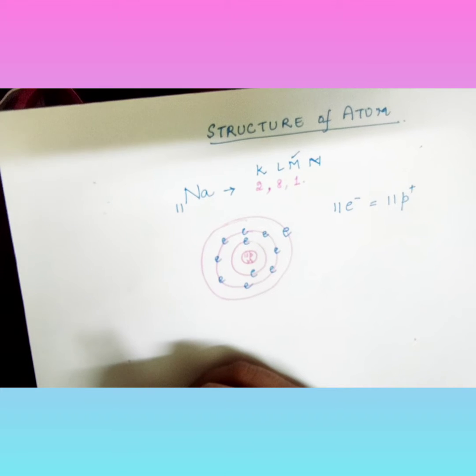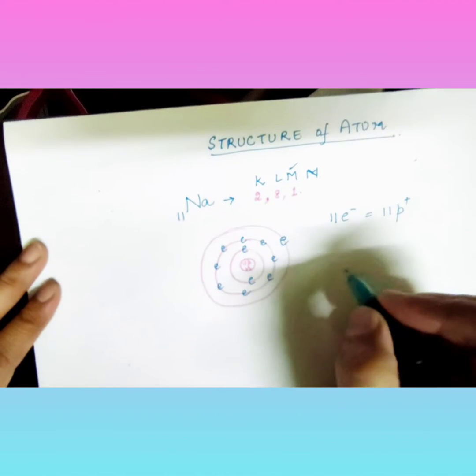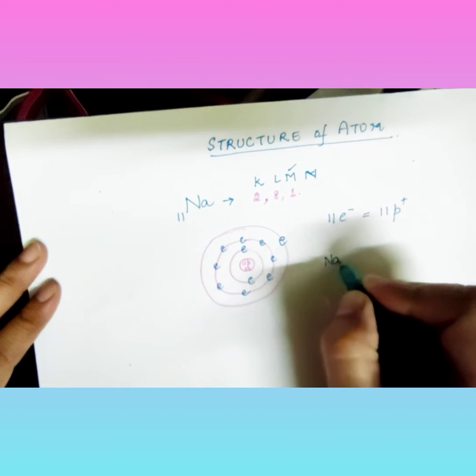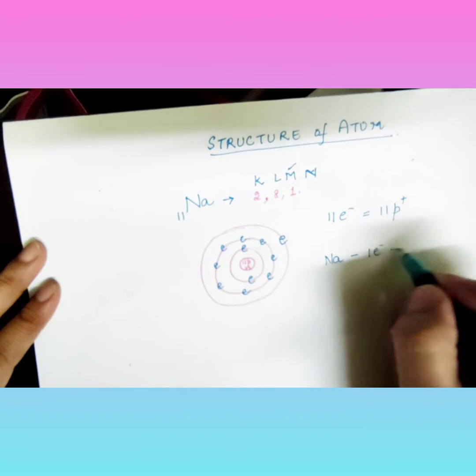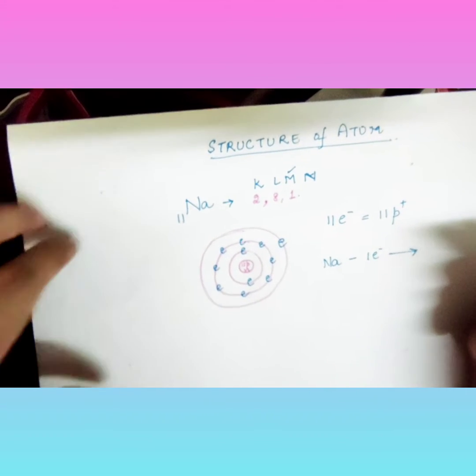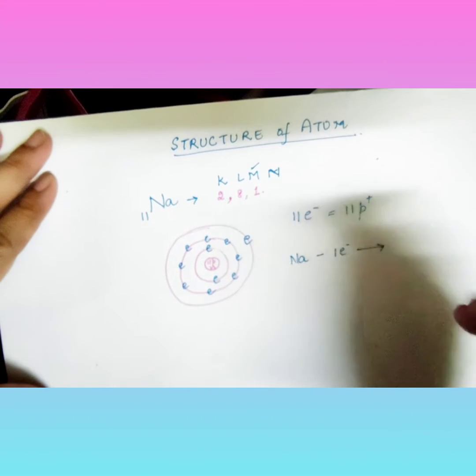That means it will get the complete octet of the L shell by losing 1 electron, and in that case it will become more stable. So let's see how. When the sodium atom will lose 1 electron, in this case let's check how much charge will be there left on the sodium atom.